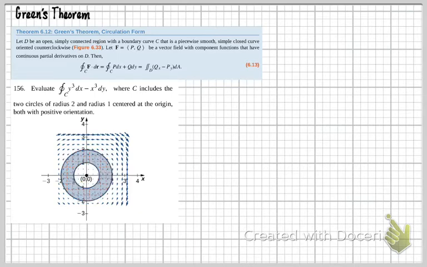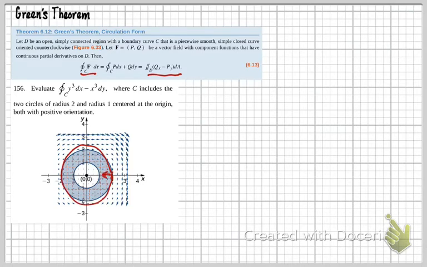So first off, I want to determine which way I'm going to go with this. Am I going to use the line integral of F dot dr or am I going to use Q_x minus P_y dA? And that's the way I'm going to go here because it's going to be easier for me to think about this area than it is to find those r(t)s and do all that stuff, because then I'll have to think of all of them here. This would be one r(t) all the way around here.